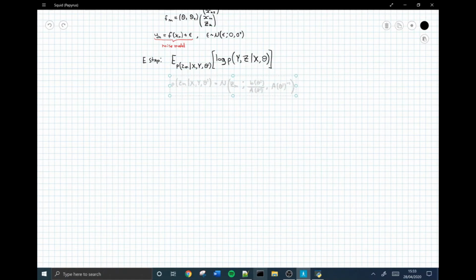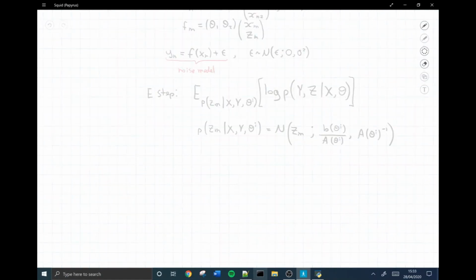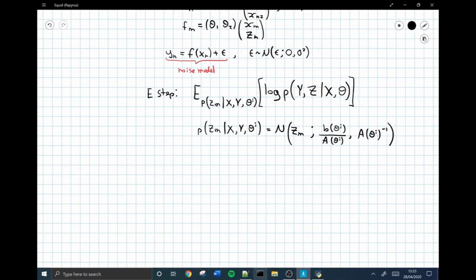And let's say we put that here. So now we can simply write that our E step is to find the expected value of log P of Y and Z given X and theta with respect to this posterior, where the posterior is equal to this Gaussian distribution.